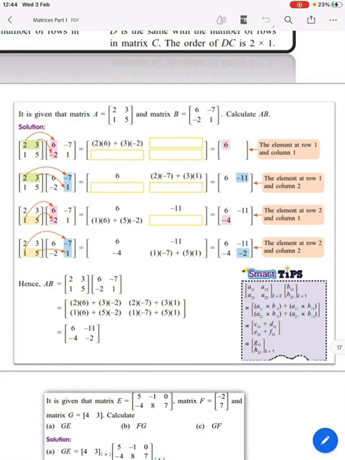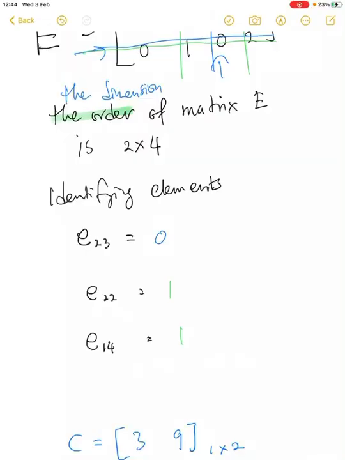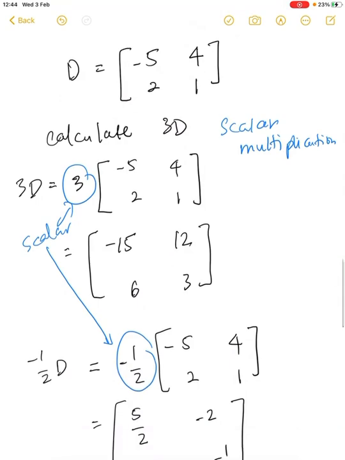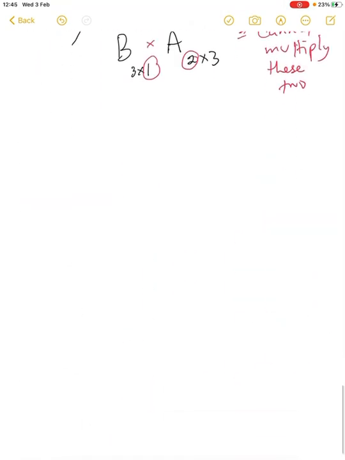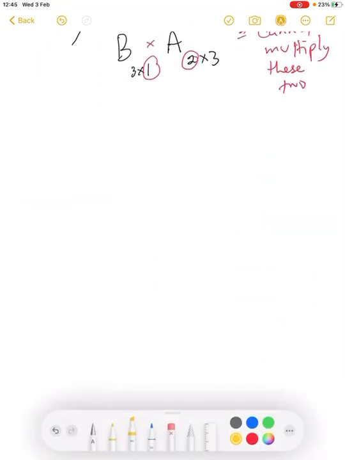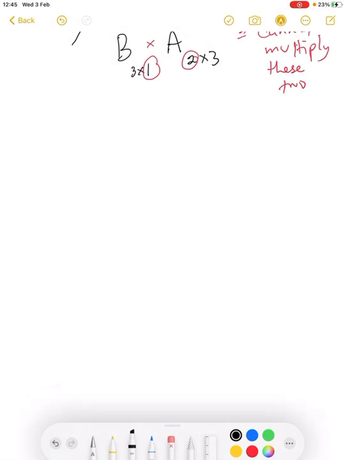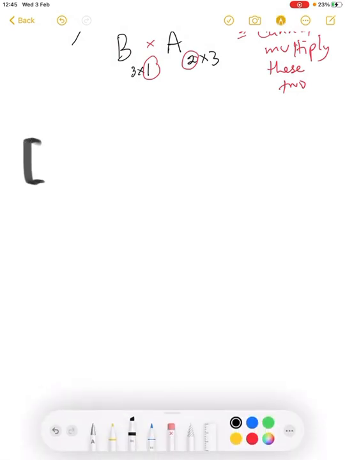Okay, so let me do mine. Okay, here. So we have 2, 3, 1, 5, and to be multiplied with 6, negative 7, negative 2, 1.